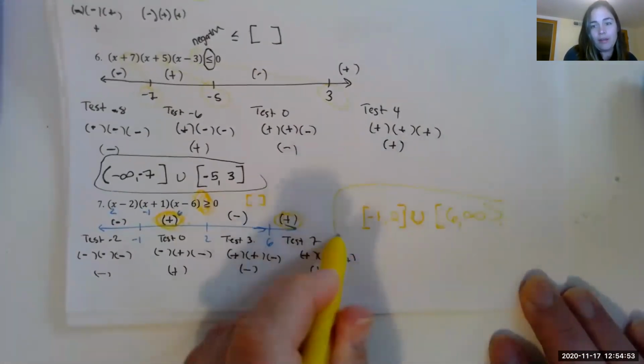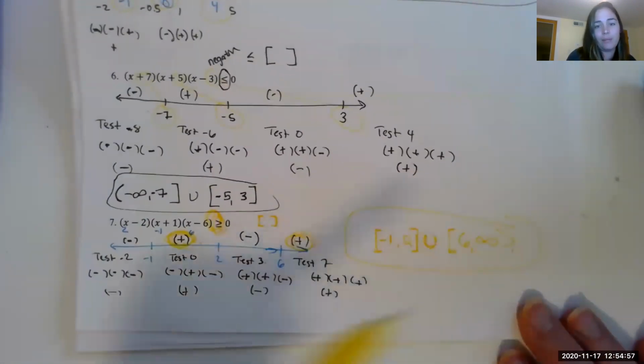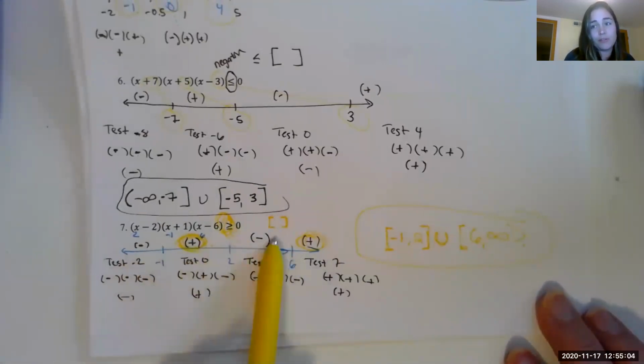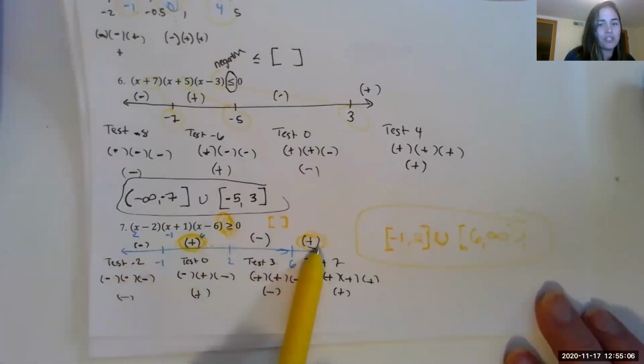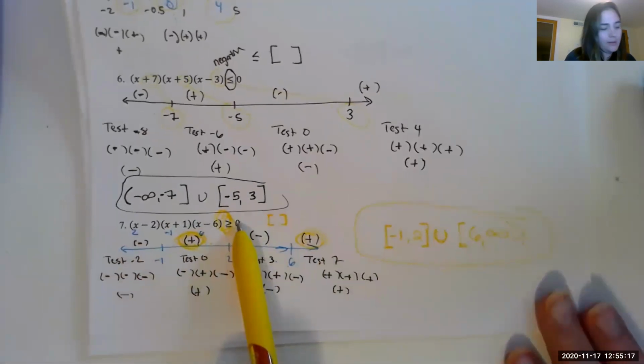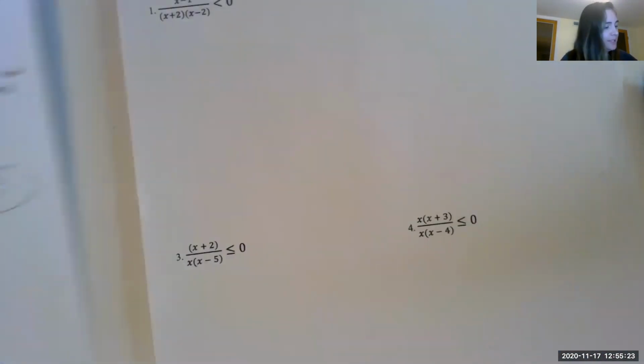But all the x-intercept values get a hard bracket. Okay, so that is the number line sort of sign chart way of solving your inequalities. So basically, these are the x values where this expression is greater than or equal to 0.